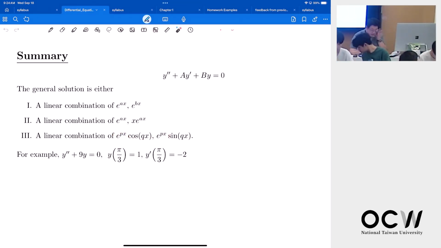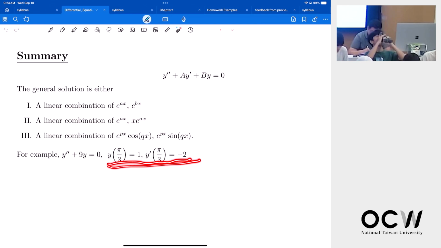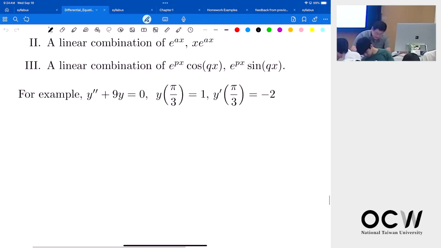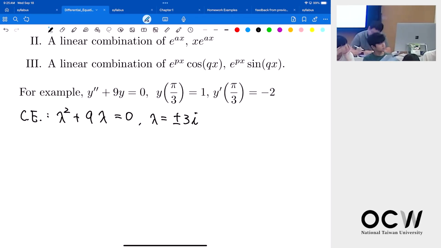Okay. Now, for example, y double prime plus 9y equals 0. And this time I give you the initial conditions, which define your constants. The characteristic equation for this differential equation is lambda squared plus 9 equals 0, and your lambda is either 3i or minus 3i.